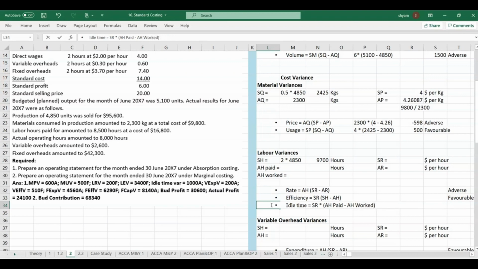So this difference will always be adverse only. Idle time is always adverse. So the actual hours paid, we have to pay for 8,500 hours, because that's what he also says. See, actual hours paid is 8,500, and we have to get actual hours worked. They have worked only 8,000 hours.